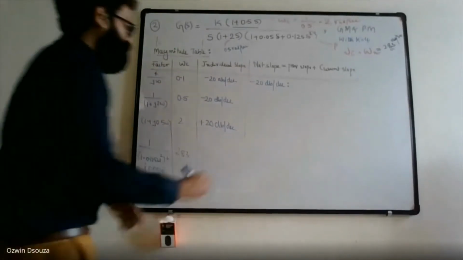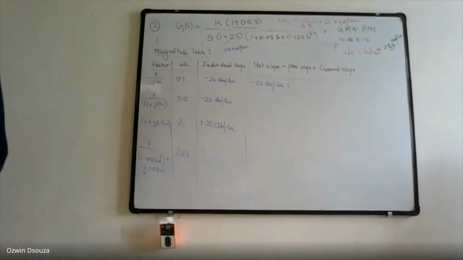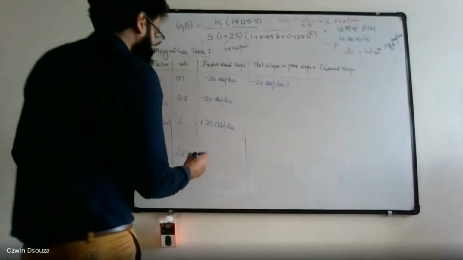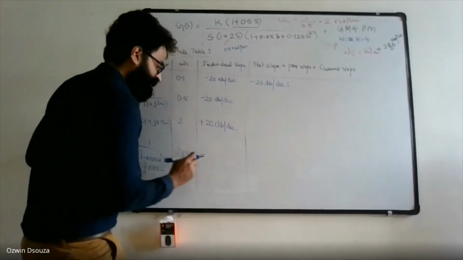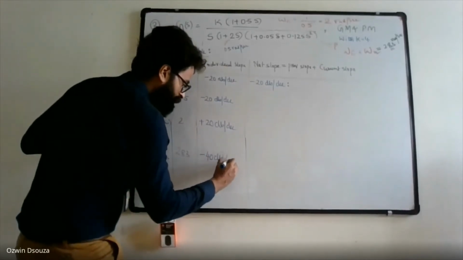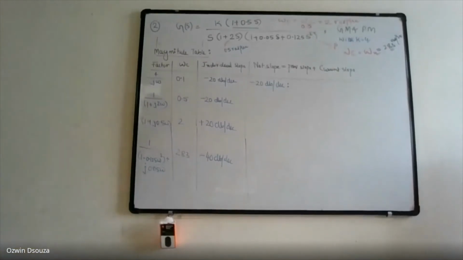And the individual slope, it's a quadratic pole, so the order is 2. So it is 2 times 20 decibel per decade. Since it is a pole, hence negative. So quadratic pole contributes a slope of minus 40 decibel per decade. All right.